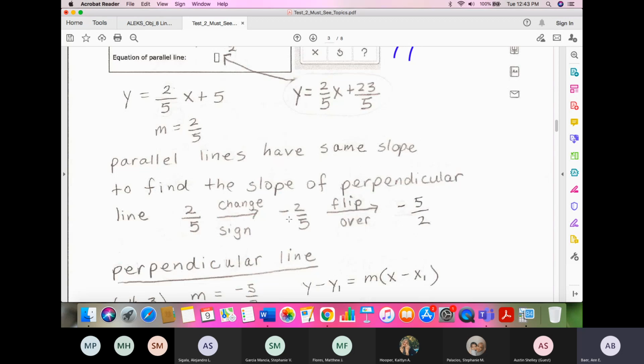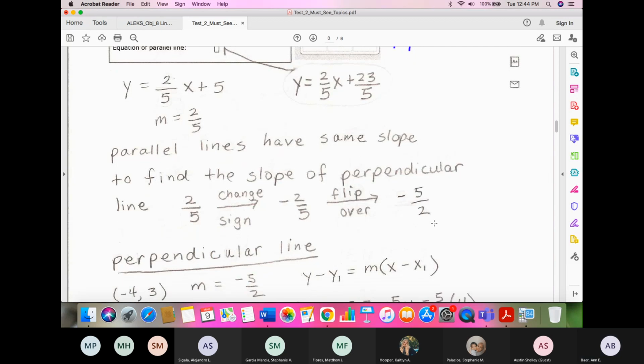And then we want to flip over the fraction. So I put the negative sign out in front because it makes it clearer when you flip over the fraction, just to keep that negative sign out front. So just copy over the sign, take the 2/5, flip it over to get 5/2. So that's the slope of our perpendicular line.